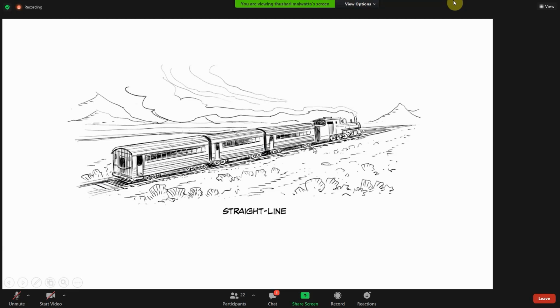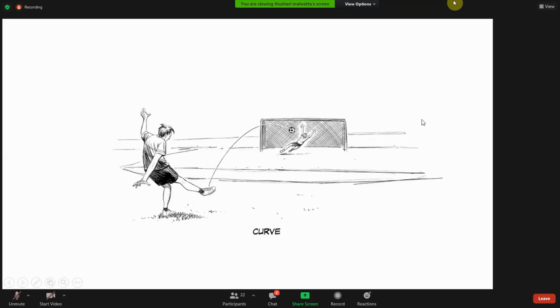But those straight lines, you feel that the train is going this way. And the curved line gives a direction from one end to another end. The movement is from here to here. The curved line doesn't give a long distance.